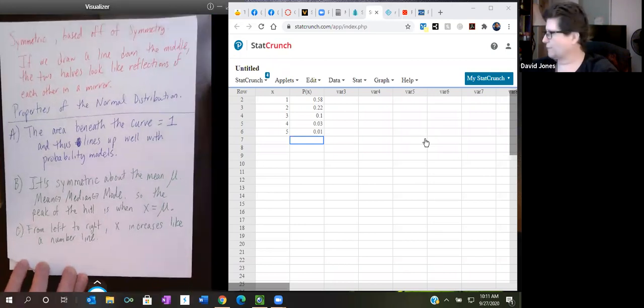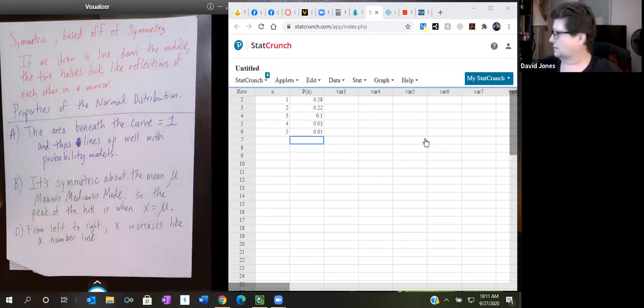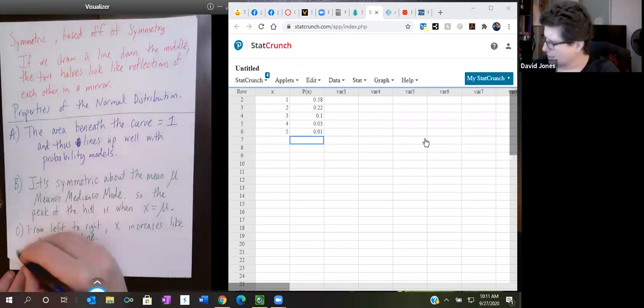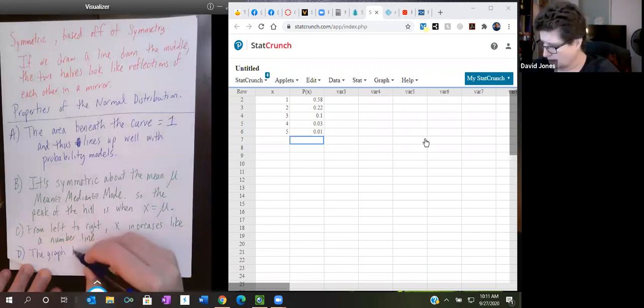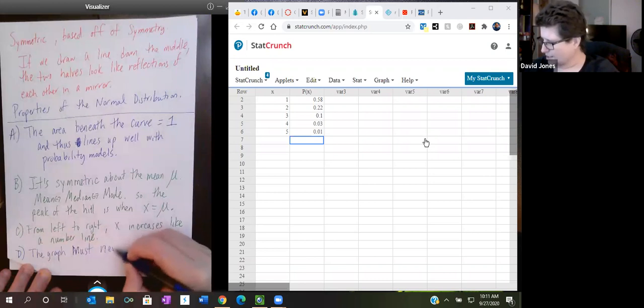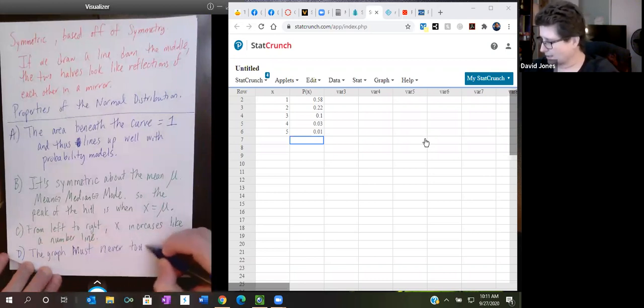A little bit more information. The final thing that happens is the graph never touches the horizontal axis. The graph must never touch the horizontal axis, and it doesn't.